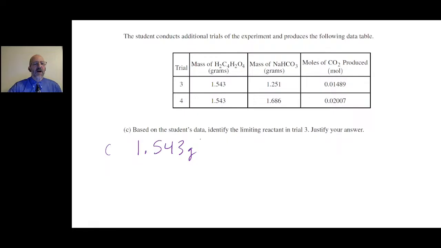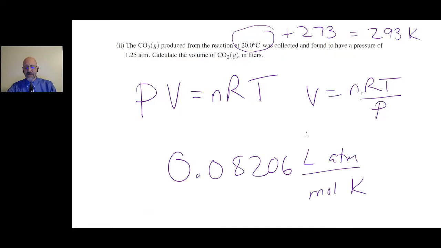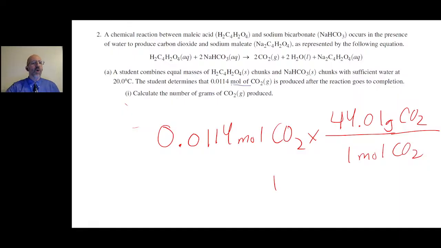1.543 grams of this chemical. So I could convert that into moles. And then I could do the same with the other one, 1.251 grams of NaHCO3. I could convert that into moles. And if I look at the balanced equation, I got to go back to the beginning here. What's the balanced equation? All right, so there's 1 mole of this chemical for every 2 moles of that.